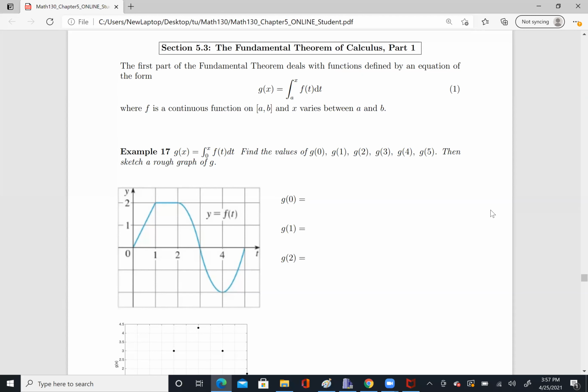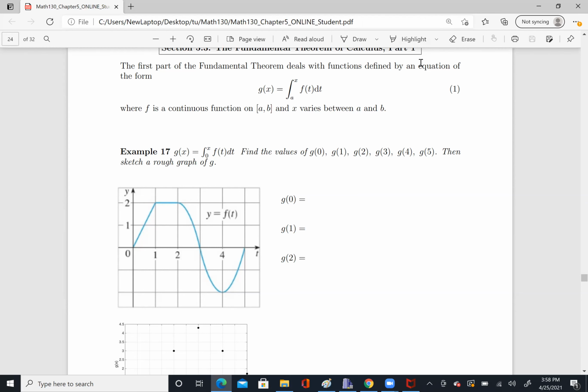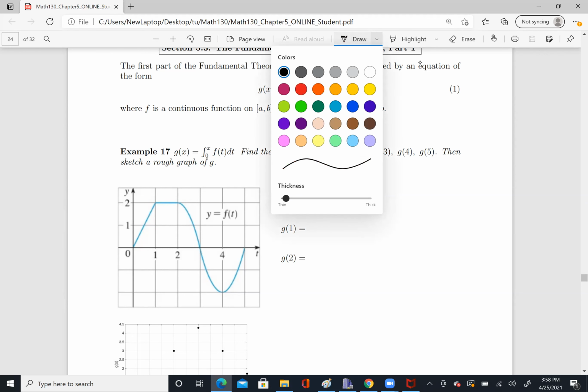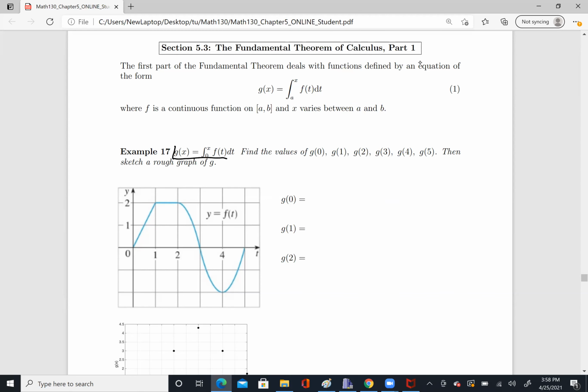According to the function, g of x equals the integral of f of t dt from 0 to x. So we just substitute.